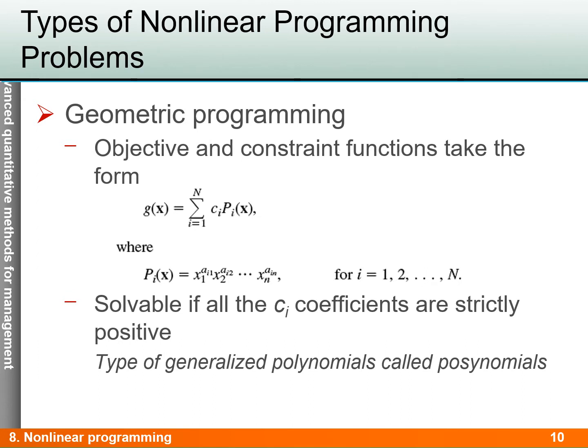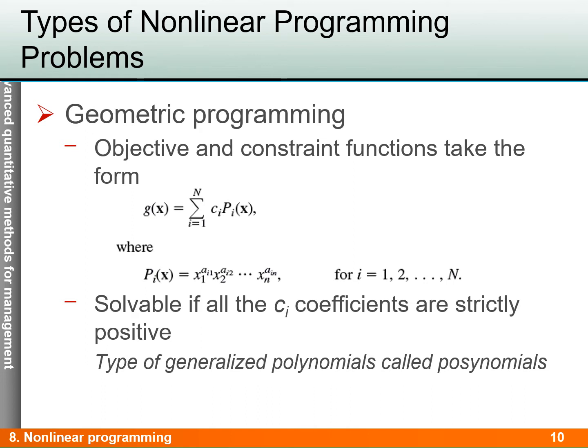When we apply nonlinear programming to engineering design problems, as well as certain economic and statistical problems, the objective function and the constraint functions frequently take a form like this: the summation of ci multiplied by Pi(x), where Pi(x) is x1 raised to ai1, x2 raised to ai2, up to xn raised to ain.